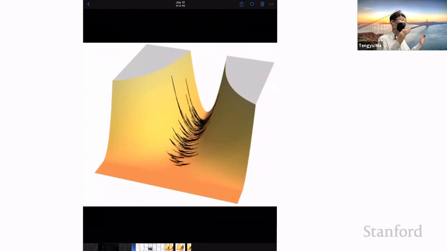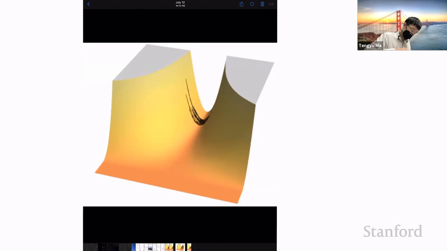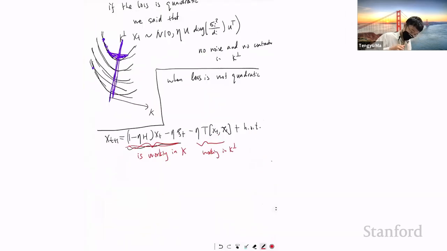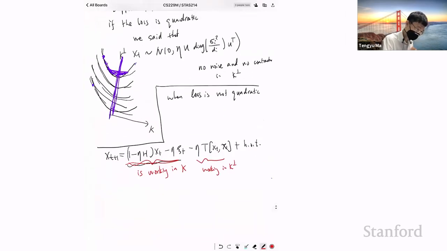So this is the stochastic within set in this valley. And you can see that it's moving in this valley. So now let's look at a static figure. I think I have one somewhere.